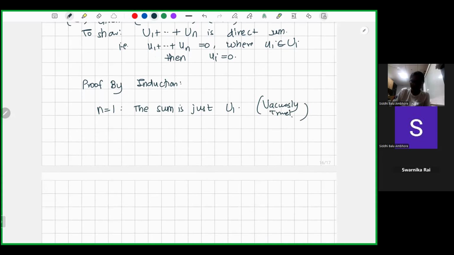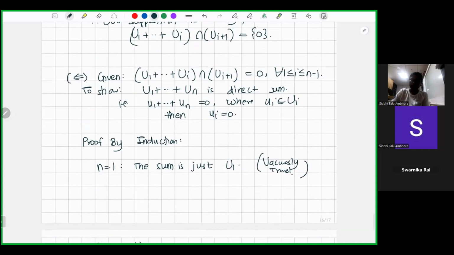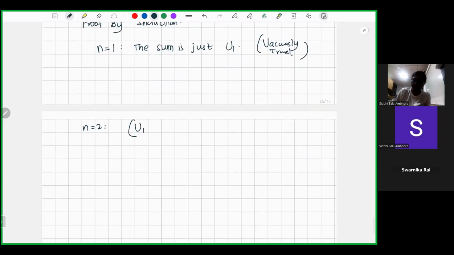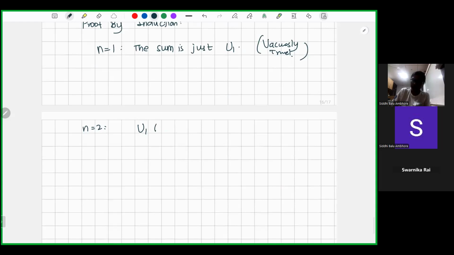Okay, so now the case n is equal to 2. Now I have this u1 intersection, yeah, now it is correct. Now I have u1 plus u2 here. Sorry, now I have u1 intersection u2 is 0. And this anyway implies that u1 plus u2 is a direct sum, because that's what we need.